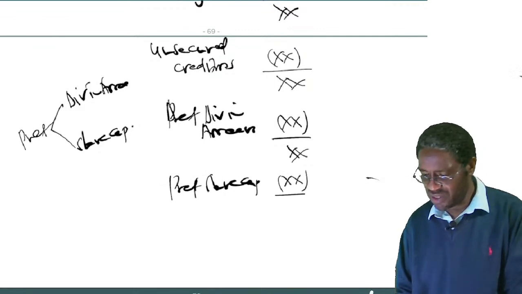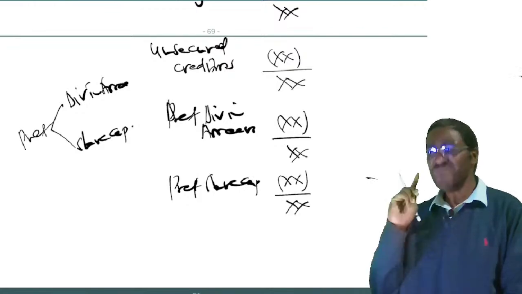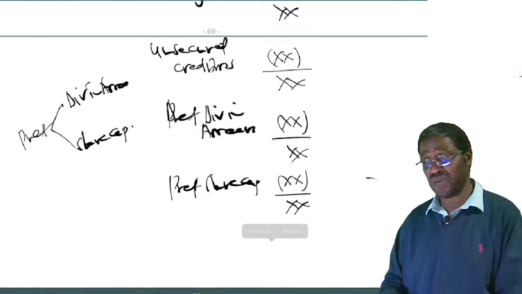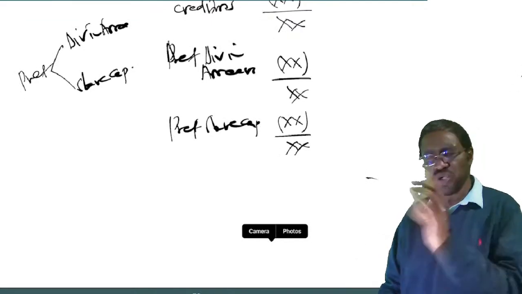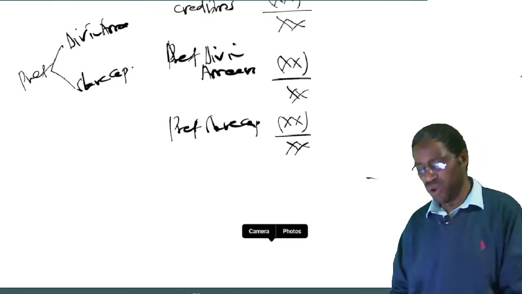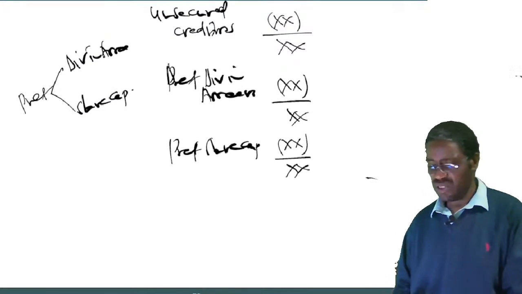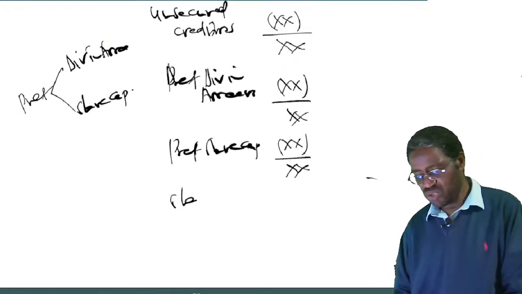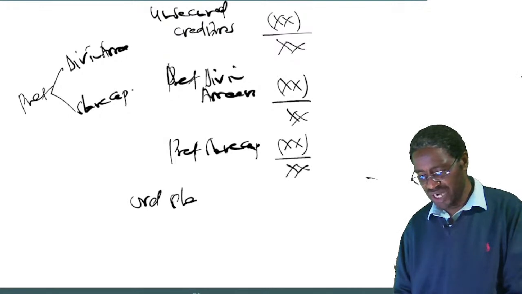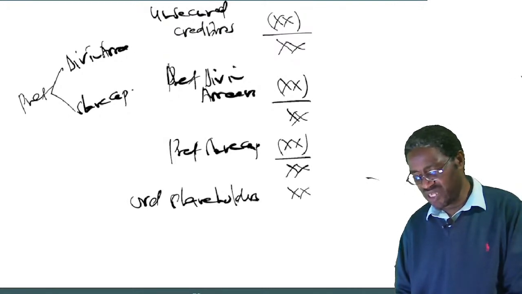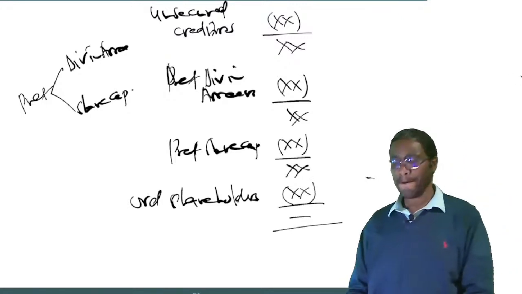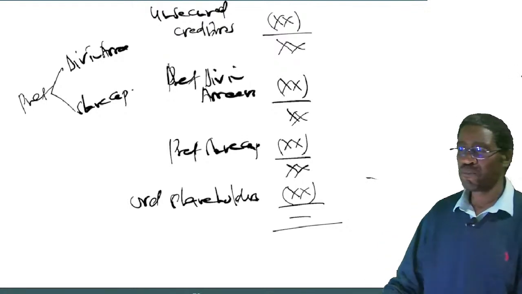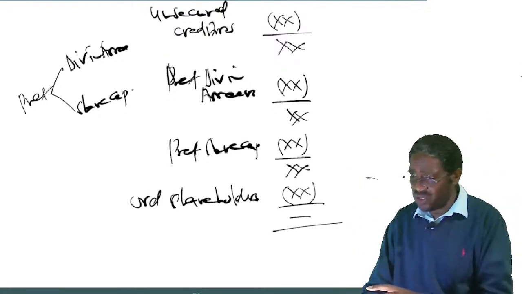Whatever it is, then whatever now remains after paying the preference share capital, all that which remains normally should go to the ordinary shareholders. That should be paid to the ordinary shareholders. They take everything that remains. They are the last people to be paid. Now, that is the order of priority.